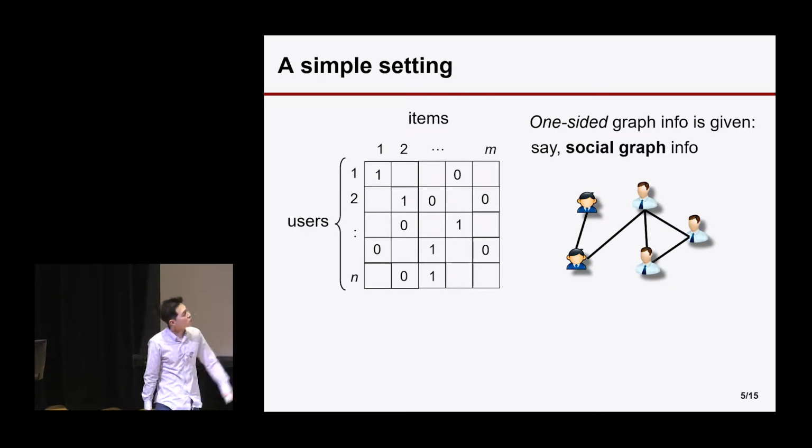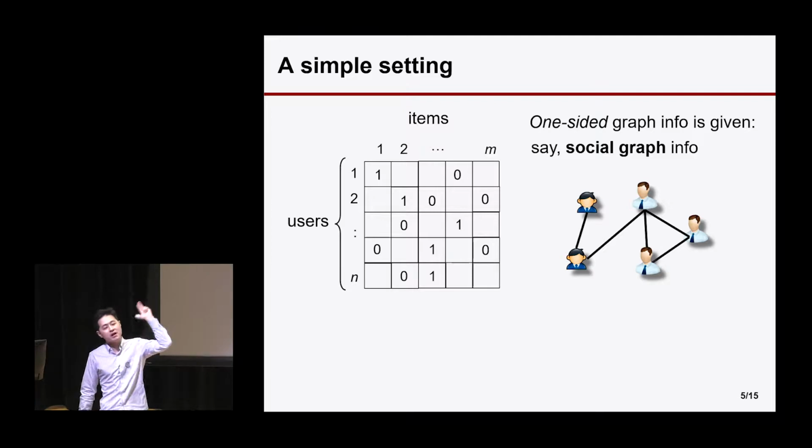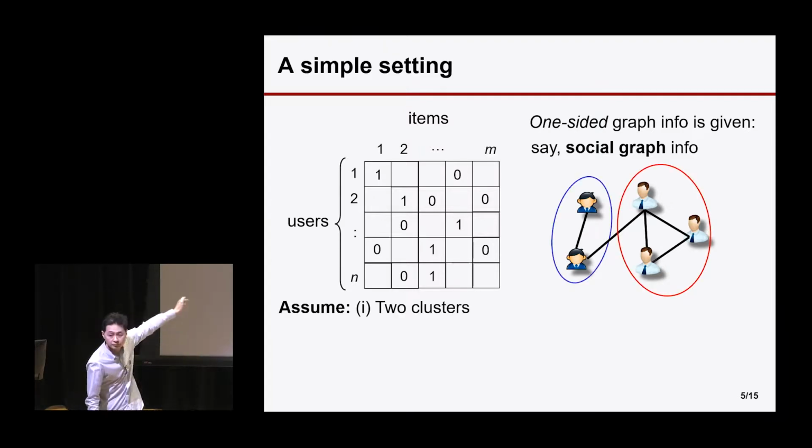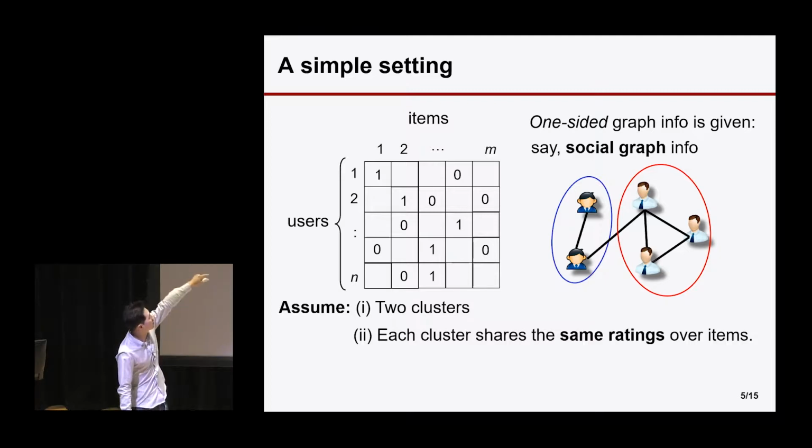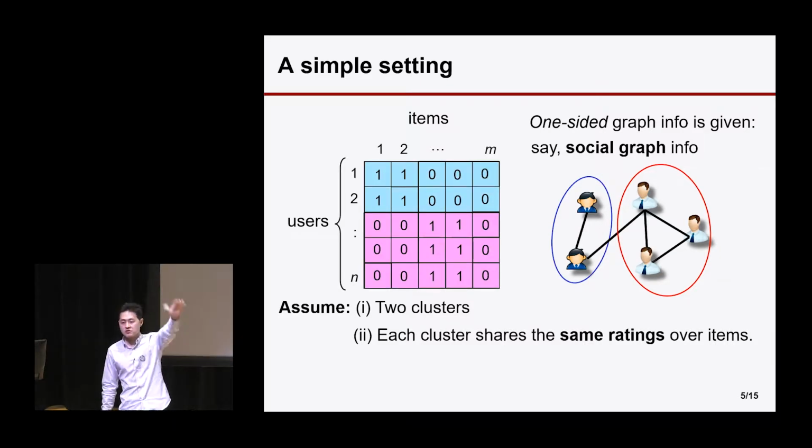And about this social graph, we are making 3 assumptions. One is that, just for simplicity, we consider the case where there are only 2 clusters. Also, we are assuming that each cluster has exactly the same rating over items. So here, then, we have only 2 vectors, let's say V1 for the blue cluster and V2 for the red cluster.